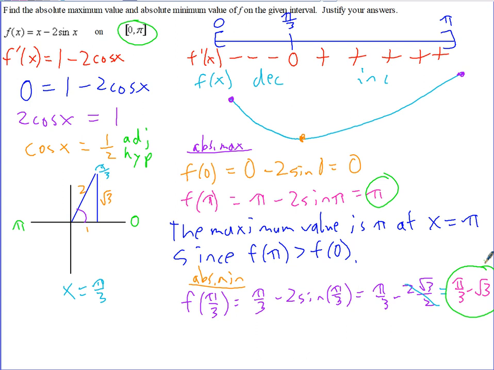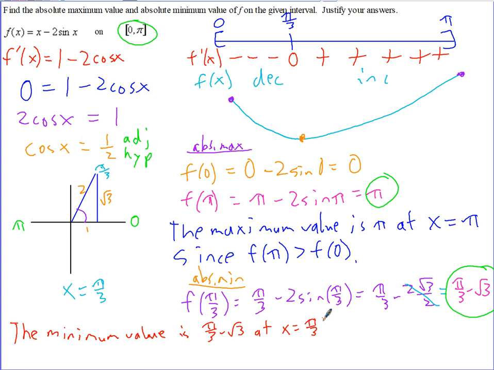So we can say finally, justification is just a little different on this one. The minimum value is pi over 3 minus root 3 at x equals pi over 3.